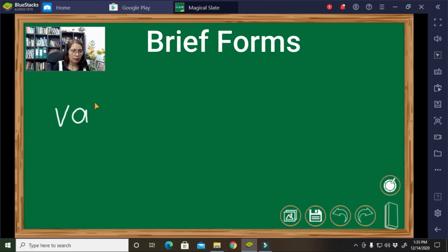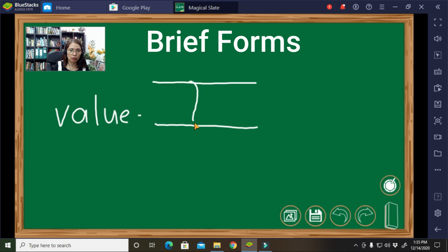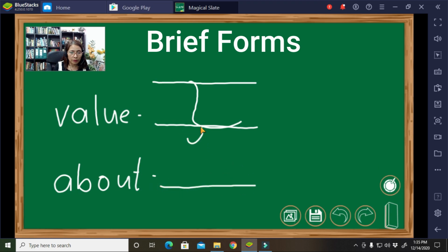The word is value, which is represented by a downward symbol and a long forward curve. Next, the word about is also a brief form, and it's represented by a big circle and a downward curve. That is your letter B. This is now about.